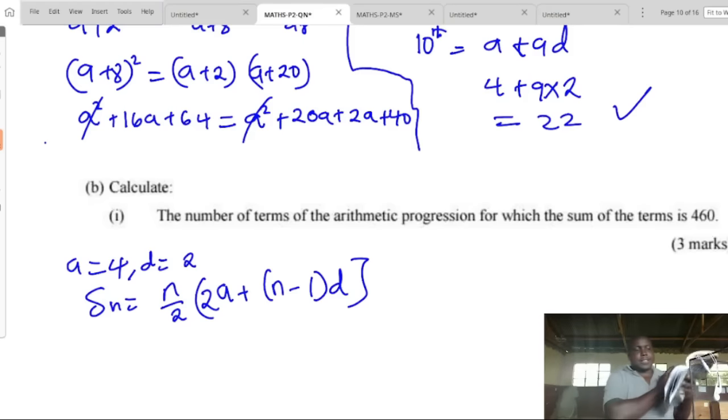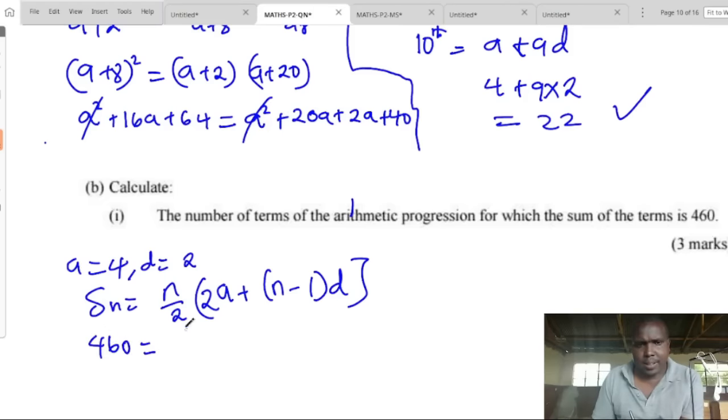Yes, that is correct. So for 460 is equal to Sn, we are looking for the value of n. n over 2 into 4 times 2, 8, plus n minus 1 into 2.